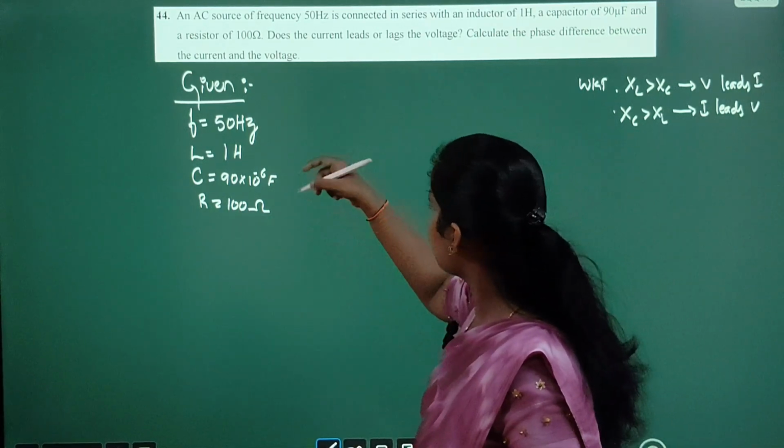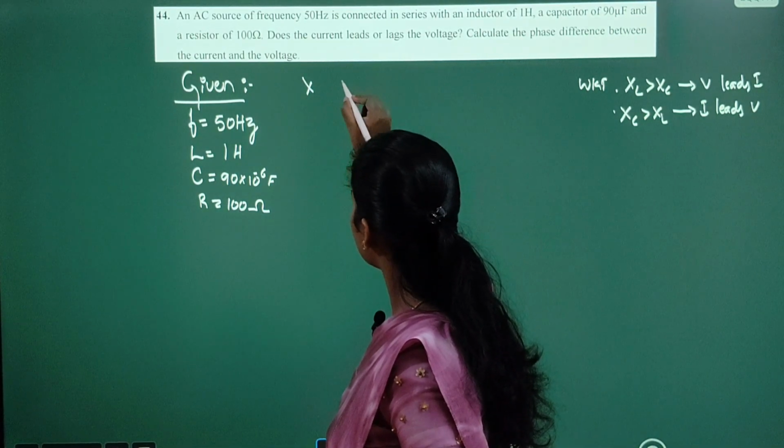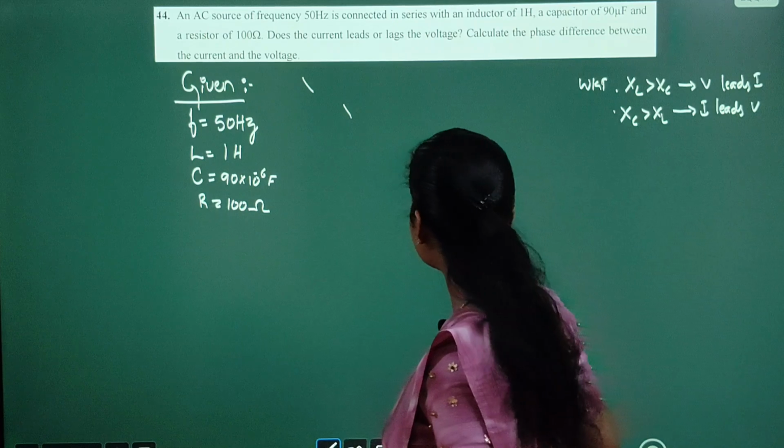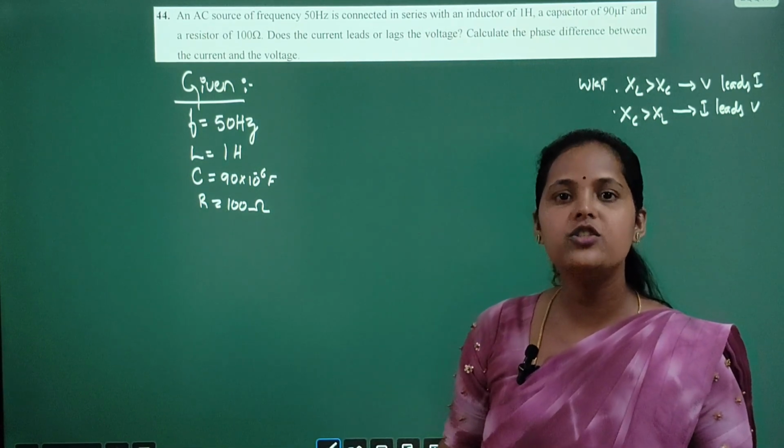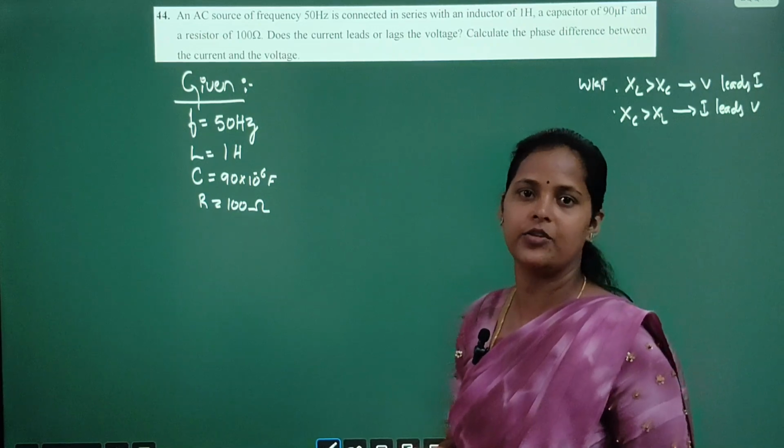First I am going to take XL. We have to find out XL, the inductive reactance. What is the meaning of inductive reactance? The opposition offered by the inductor is inductive reactance.